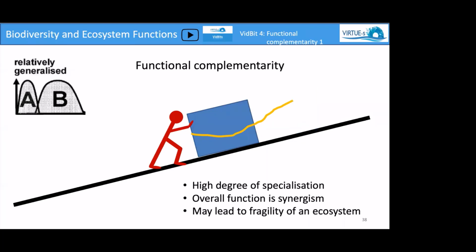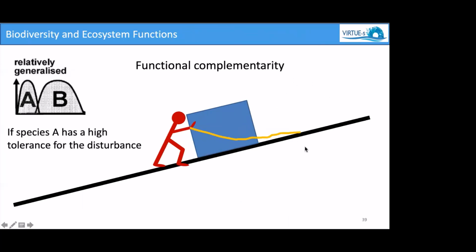Okay. So in this case, what happens if in the disturbance, one of the species dies? If the blue species is more sensitive to the disturbance, there are two things which can happen. If species A, the red one, has a high tolerance for the disturbance, it's possible that it can multiply, like in functional redundancy.